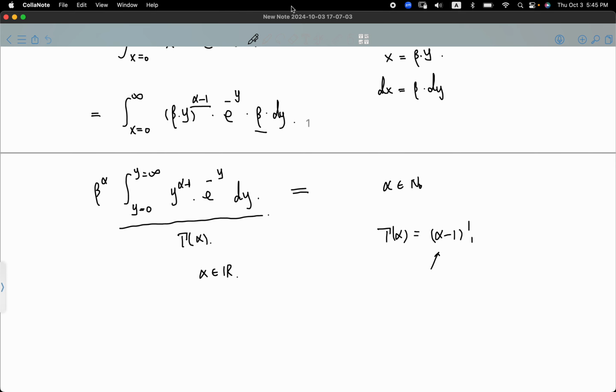And let me put down one more property for this gamma function, and then I will pause for questions. Another thing is that when you have gamma function of alpha plus 1, this can be rewritten as alpha multiplied by the gamma function of alpha. Okay, so these are two special cases for the gamma function that we will use later. So I'll pause here to see if there are any questions.